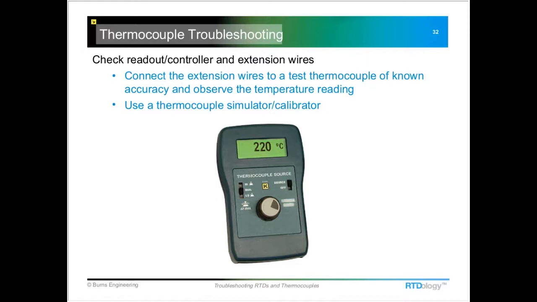So if you have it installed in a thermal well in a process, for example, you'd want to pull that thermocouple out, take a known either thermocouple standard if it's a real high temperature process, or you may want to use an RTD standard, stick it in the well and just do a comparison calibration to it. A lot of times it's just cheaper and simpler just to replace the thermocouple with a brand new one of known accuracy.